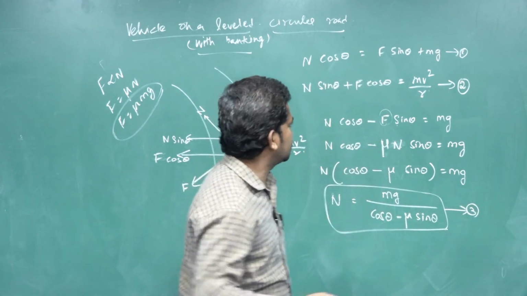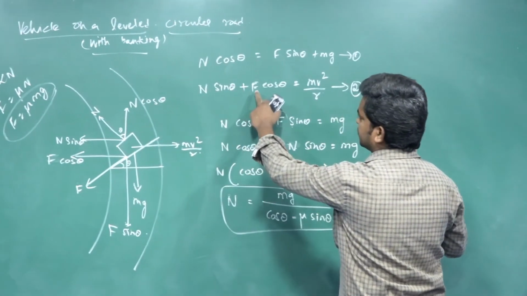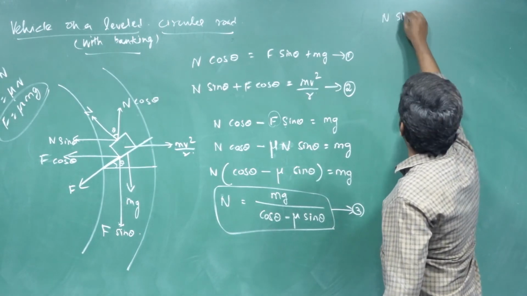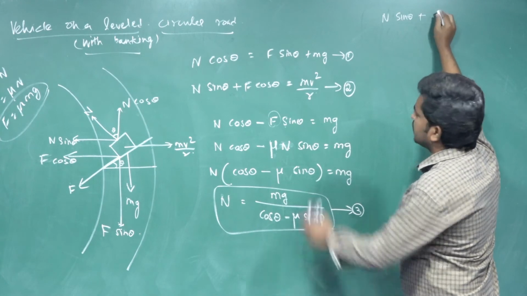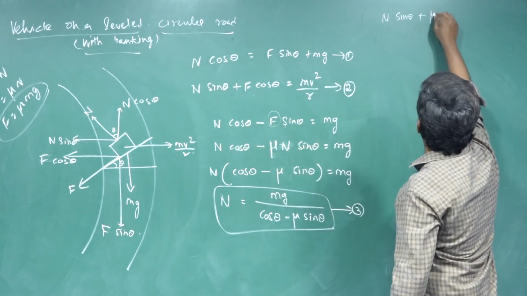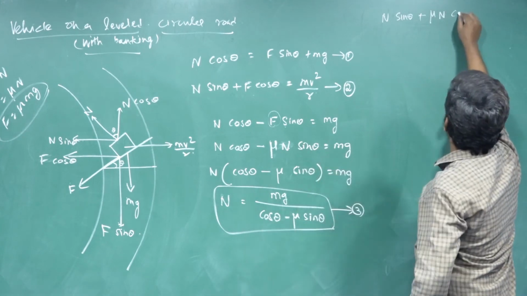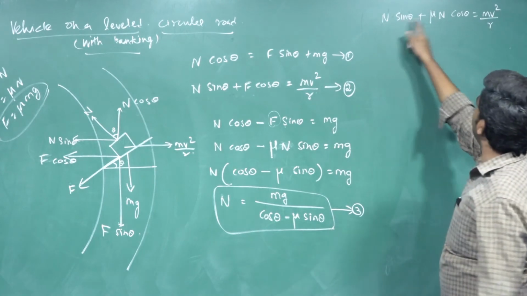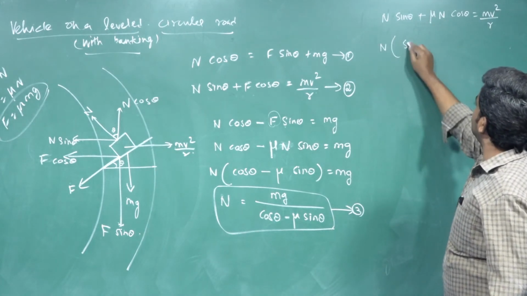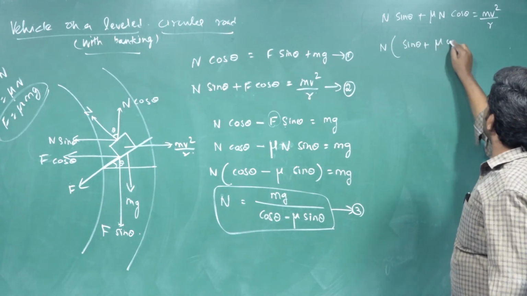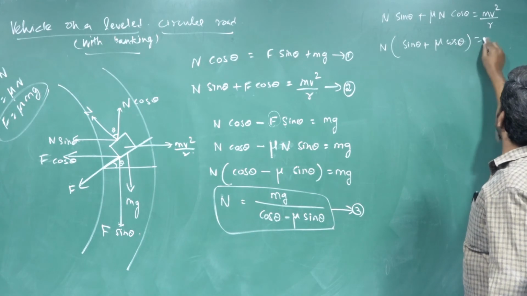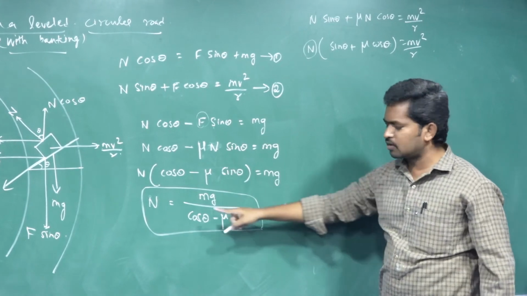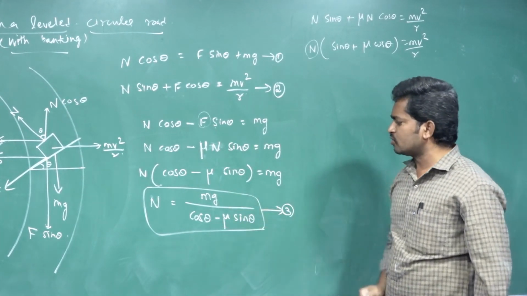What happened in equation 2? N sin theta plus f cos theta is equal to m v square divided by r. So n sin theta plus mu n cos theta equals m v square divided by r. The common factor is n: n times sin theta plus mu cos theta equals m v square divided by r. From equation 3, n is equal to mg divided by cos theta minus mu sin theta.